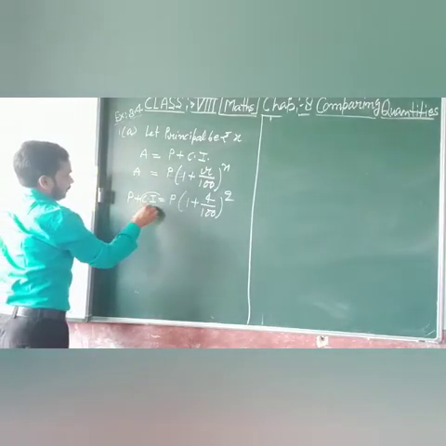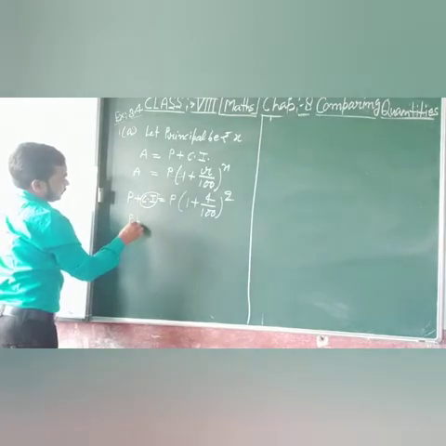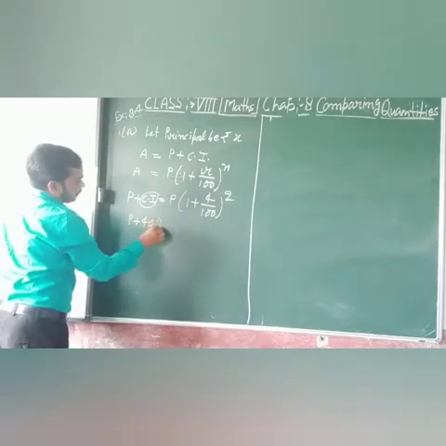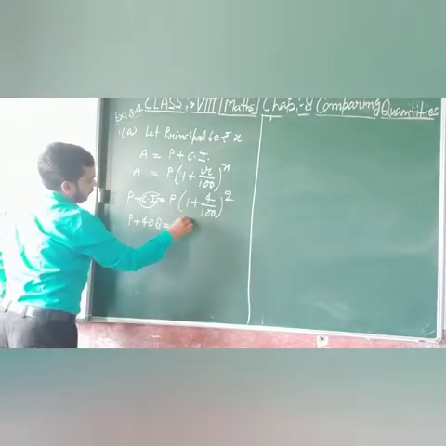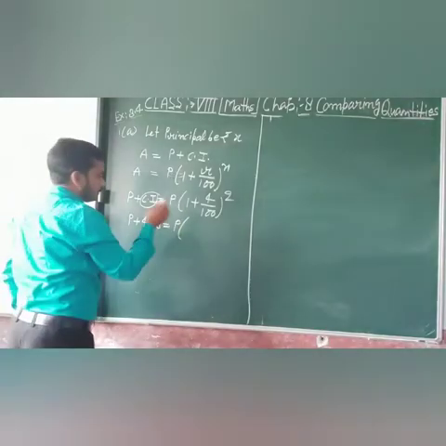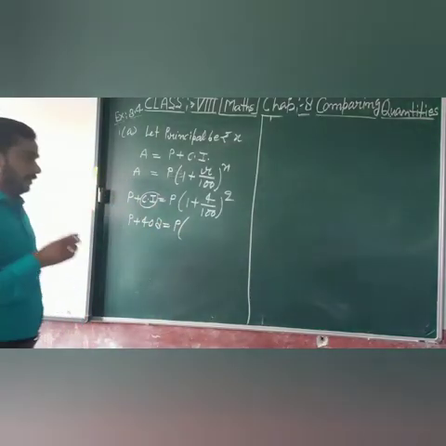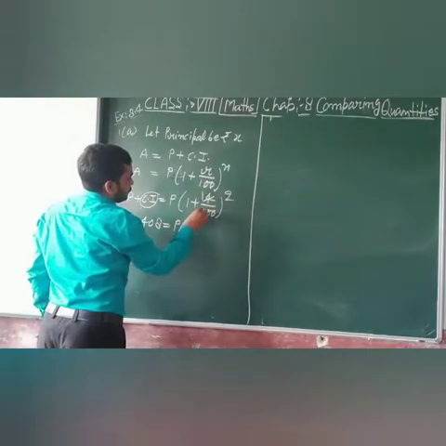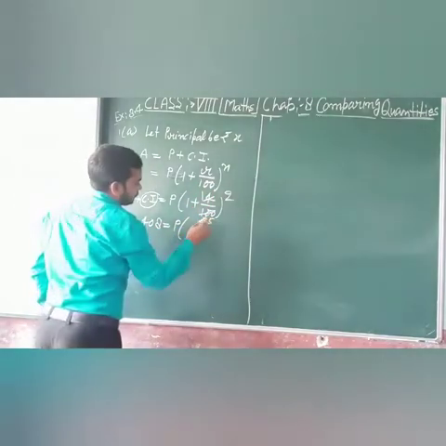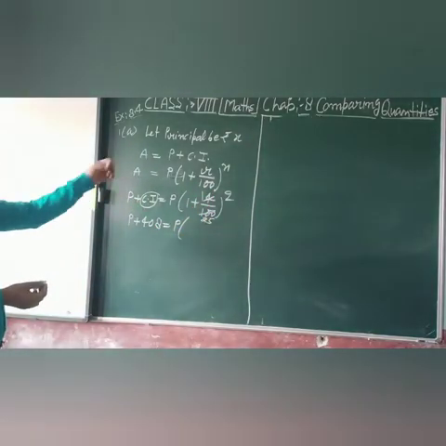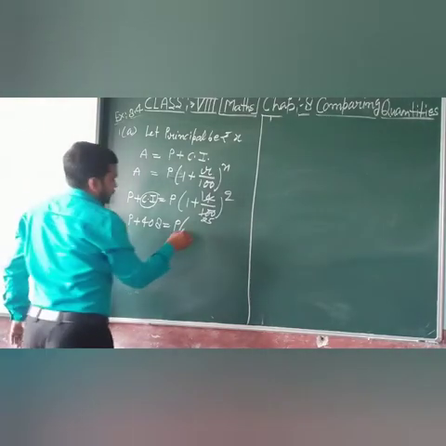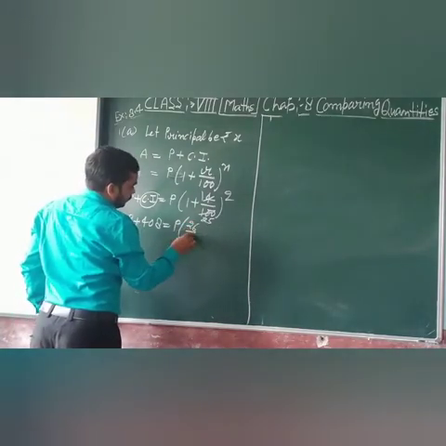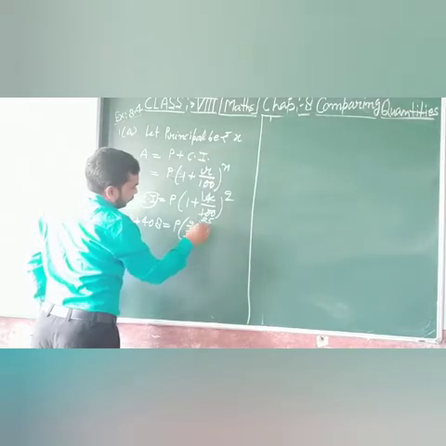Compound interest is also given as 408, so P plus 408 equals P bracket 1 plus 4 upon 100. You have to divide: 4 1s are 4, 4 2s are 8, 4 5s are 1 whole 1 upon 25, that is 26 upon 25 whole power 2.